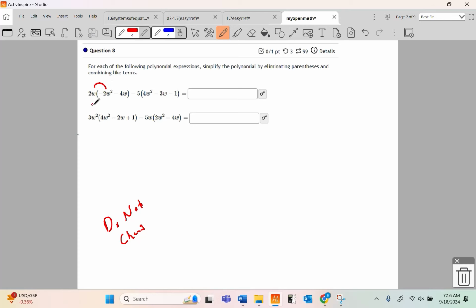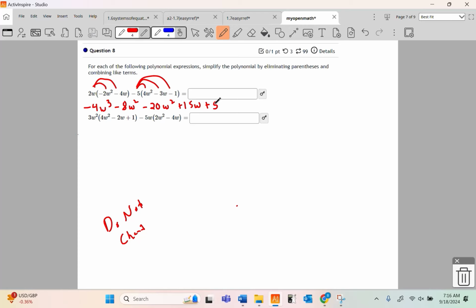2w times negative 2w squared is negative 4w cubed. 2w times negative 4w is negative 8w squared, because w times w is going to be w squared. Negative 5 times 4w squared is negative 20w squared. Negative 5 times negative 3w is plus 15w. And negative 5 times negative 1 is positive 5.